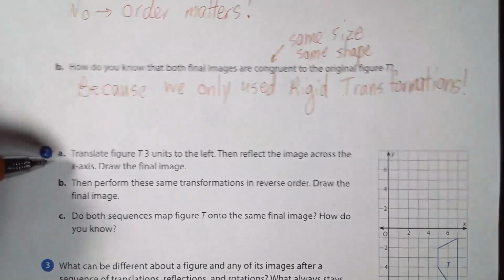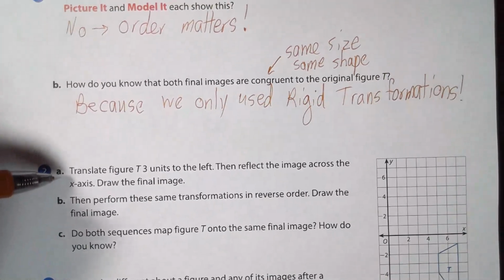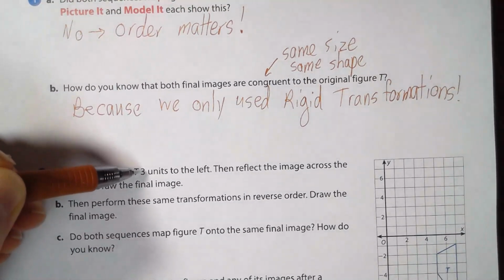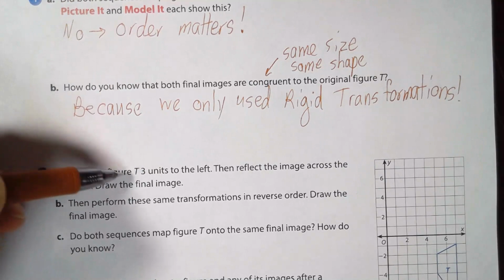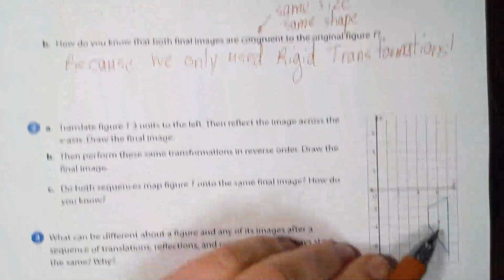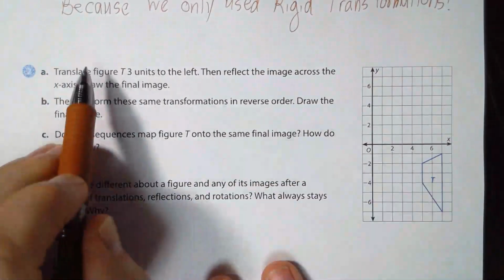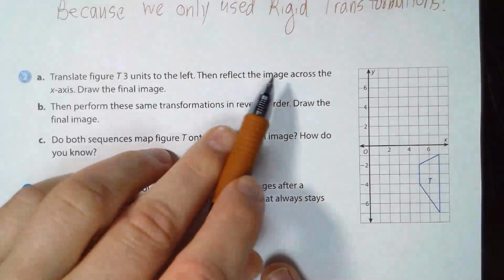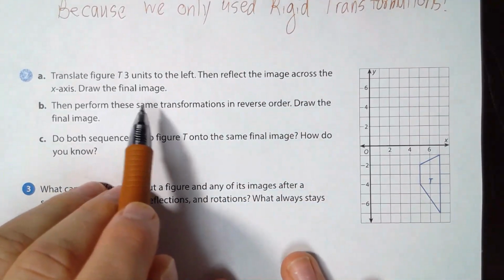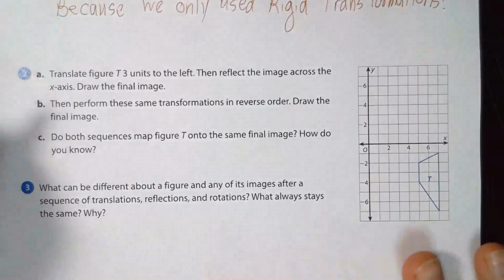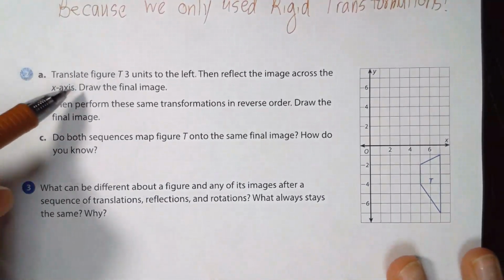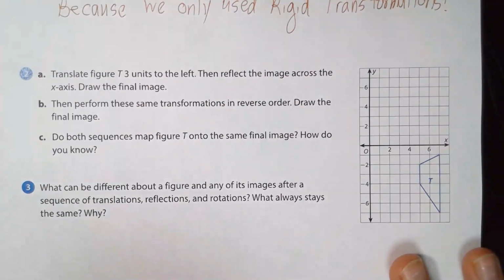Number 2 says, translate figure T 3 units to the left. Then reflect the image across the x-axis and draw the final image. Okay, I can do that. I am translating. That means I'm picking up every point and moving it.